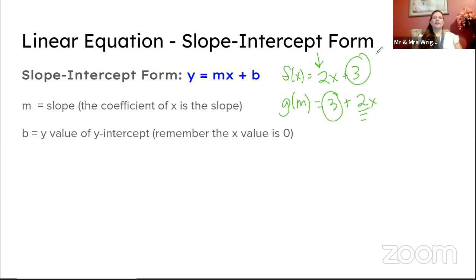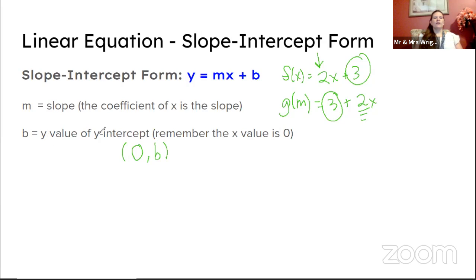b is always going to be the constant, and the constant is the y value of the y-intercept. Remember, a y-intercept is an ordered pair, and so the y value is whatever b is. What is the x value? The x value is always 0.